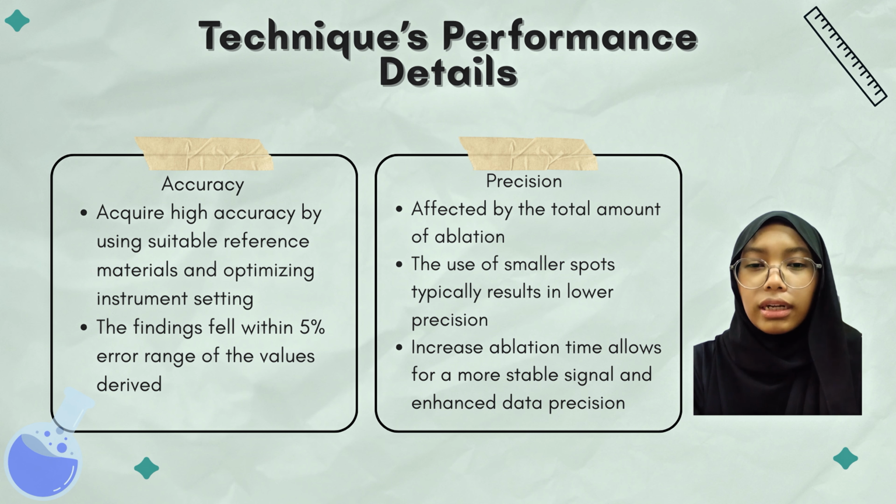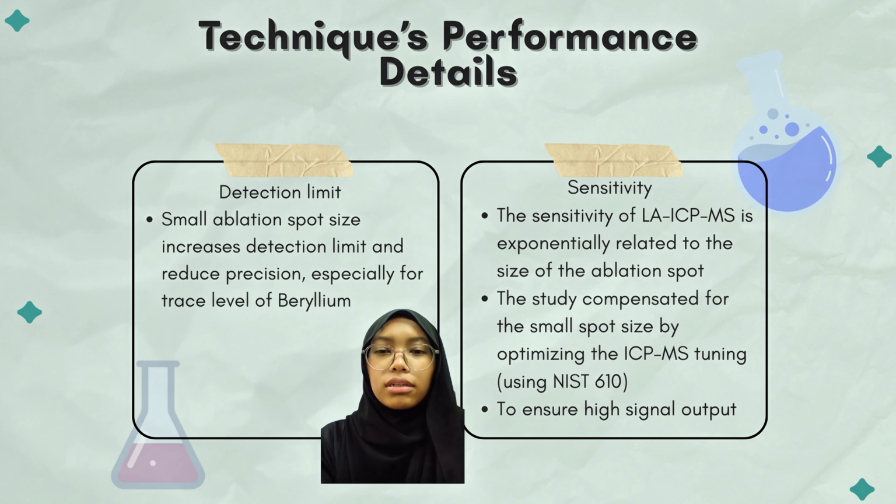An increase in ablation time will allow a more stable signal and enhance data precision. For detection limit, a small ablation spot size will increase the detection limit and reduce precision, especially for the trace level of beryllium. The sensitivity of this technique is exponentially related to the size of the ablation spot.